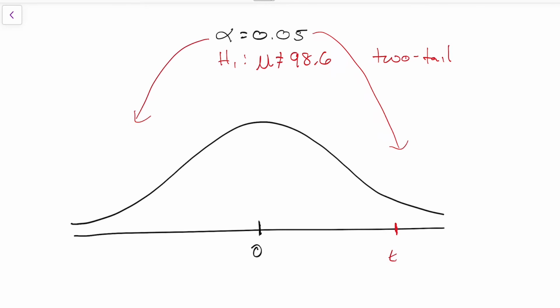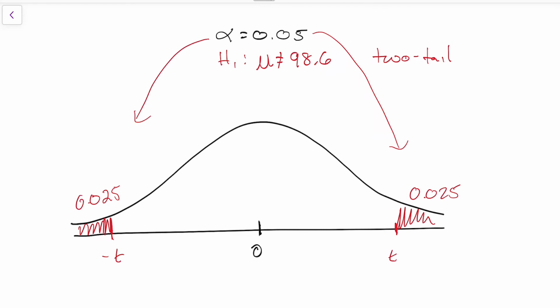So there's a t-value to the left and an equivalent positive t-value to the right, where our significance level is 0.025 as well, right? This splitting of alpha should be very similar to the confidence intervals we did in Chapter 7.